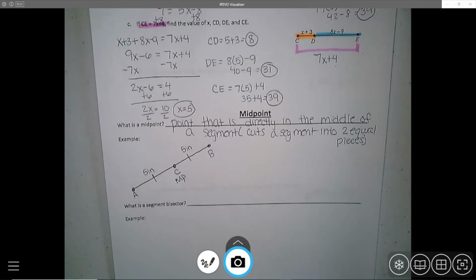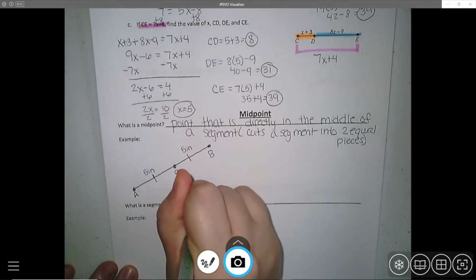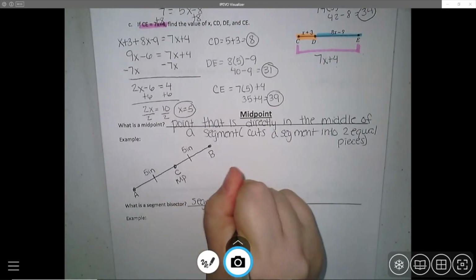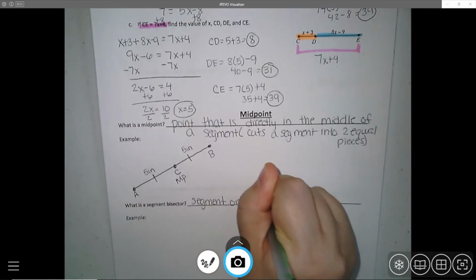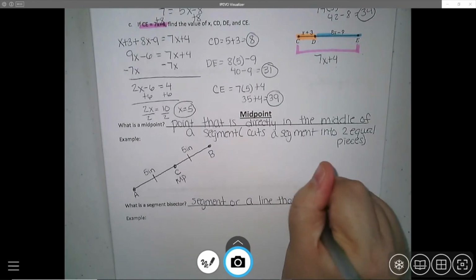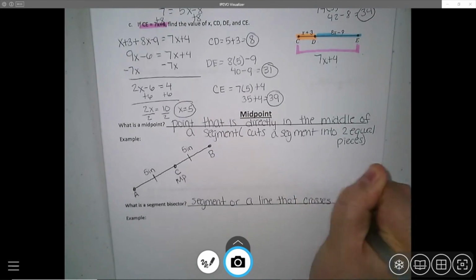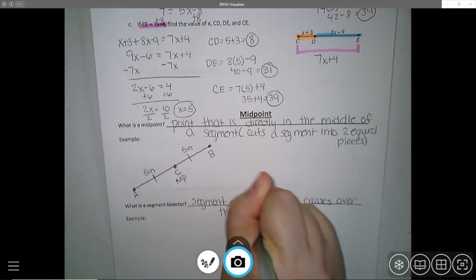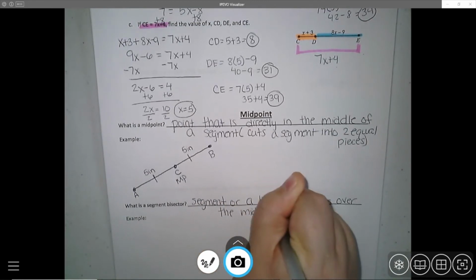Okay, and now we get down here into this next one. What is a segment bisector? This is either a segment, which remember is another word for line segment, or a line that crosses over the midpoint.